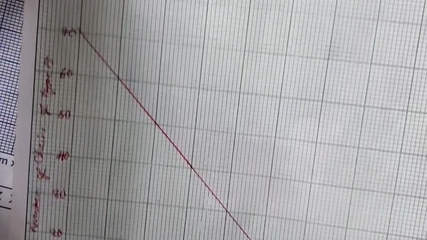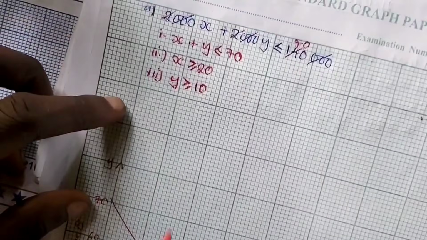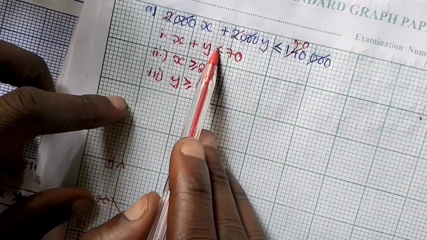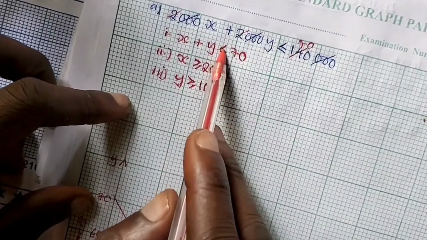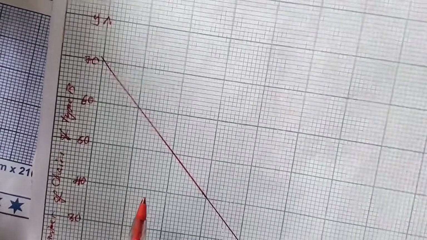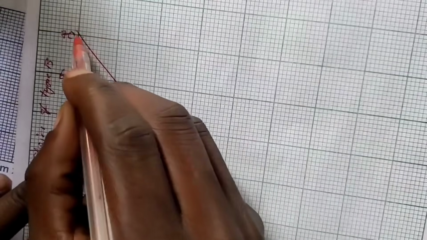So why is it a solid line? Because here it is less than or equal to. Now where do we shade? Since the wanted region is on the less than part, we're going to shade on the greater than part, like this. So we shade this side.